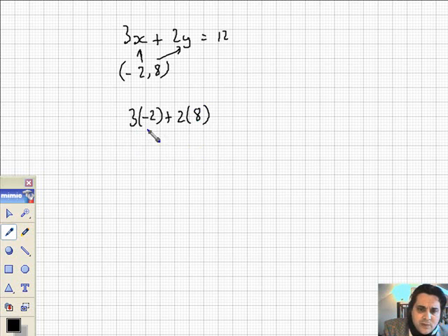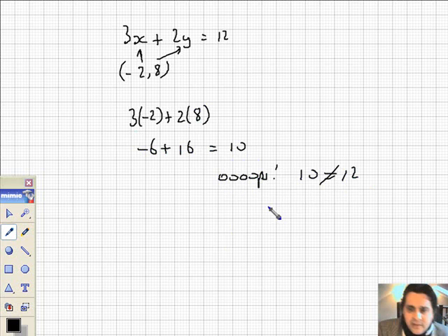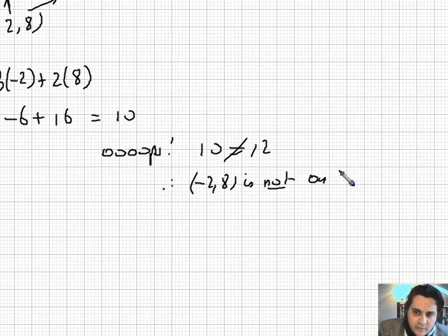Let's see what we get then. Right, 3 times -2 is -6, plus 2 8s are 16, -6 plus 16 is 10. Oops. 10 is not equal to 12. Very disappointing. I haven't found one yet. Therefore, -2, 8 is not on the line.